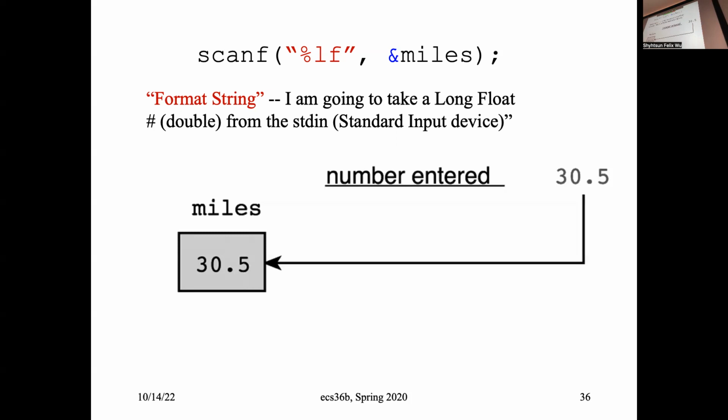I can also interpret 20.5 as a string, 20, a period, 5. So sometimes the system needs our clarification about whether that's a number or a string. That's why I have to put %lf to say this is a long floating point, or double, essentially. So this is a communication: I have to tell the system. This is called the format string.